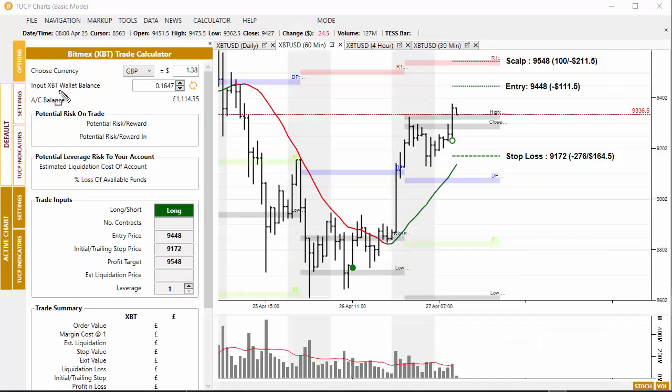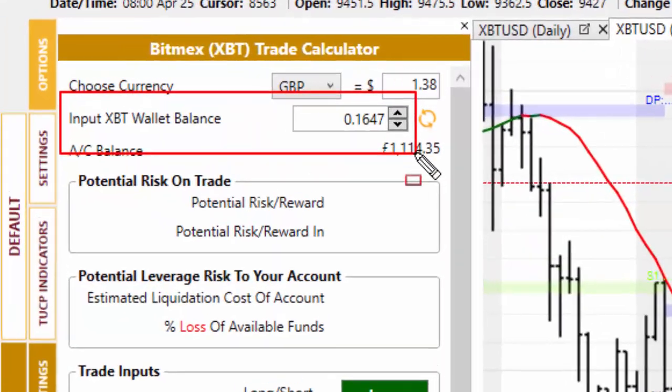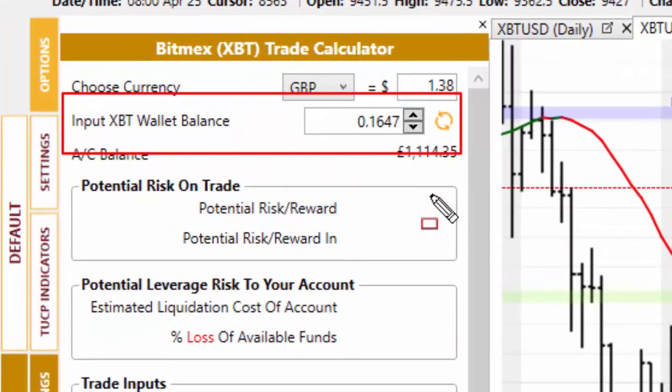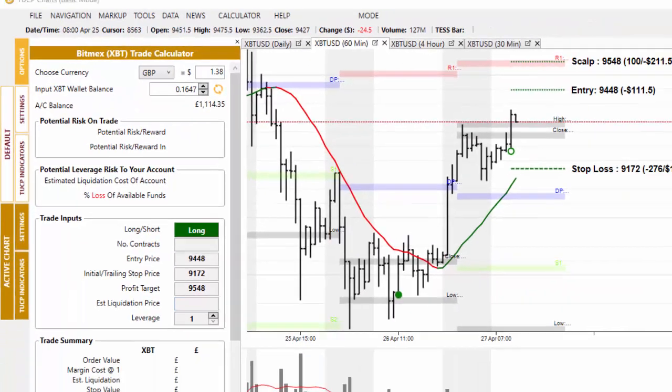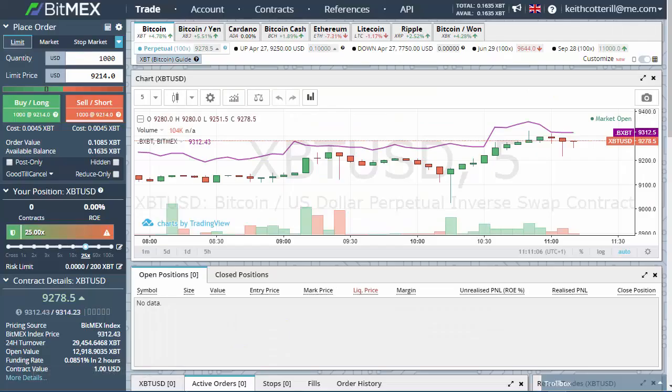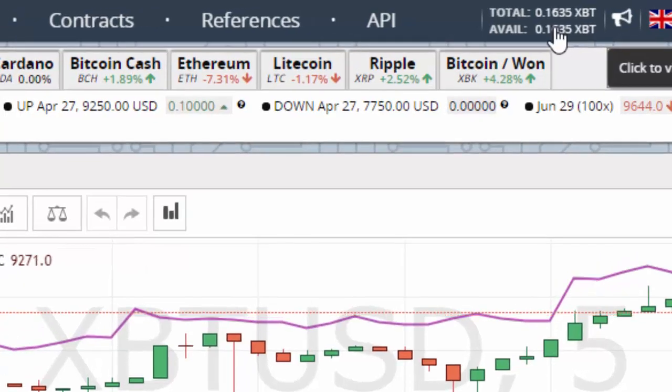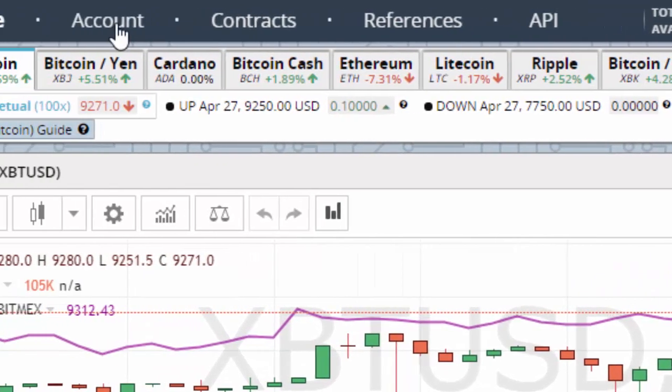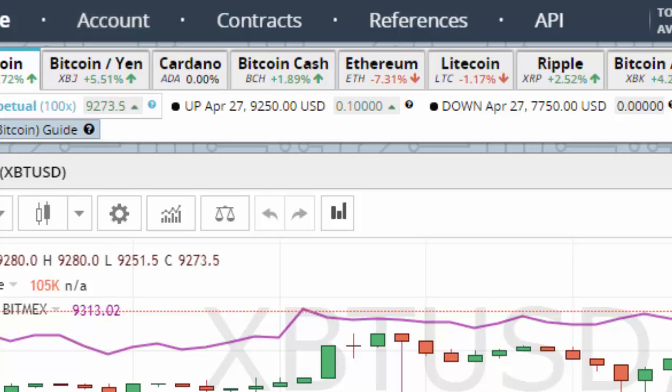The next thing we want to do is to make sure that our wallet balance, our Bitcoin balance, is actually correct. And the way to do this is to go to your Bitmex trading platform, come up to the top here, it's got the balance figures here, or you can go across to accounts and you can click on there.